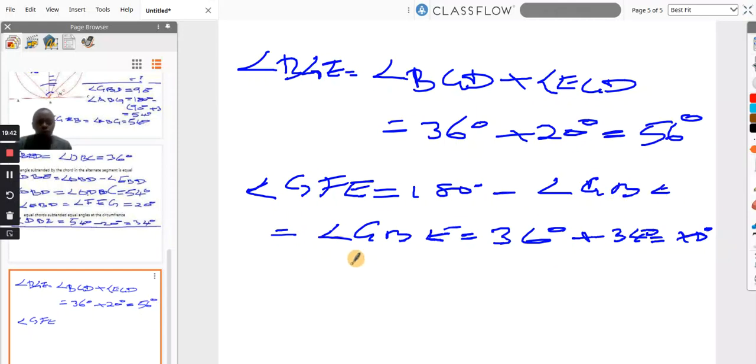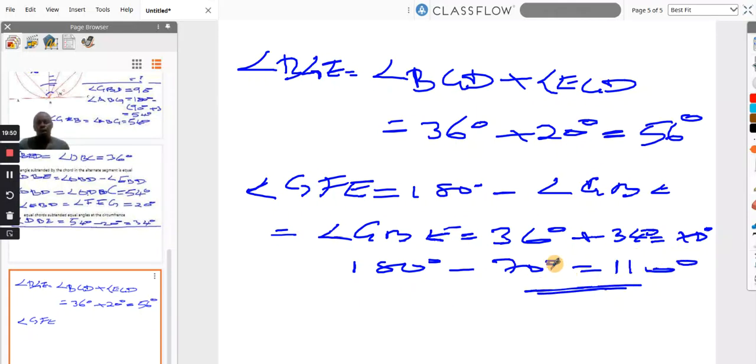So now going to find, it will be 180 degrees minus 70 degrees, that will be 110 degrees, and that is how you work that question.